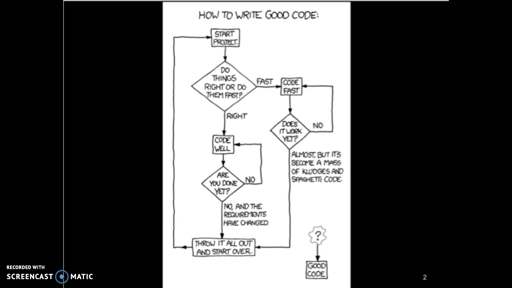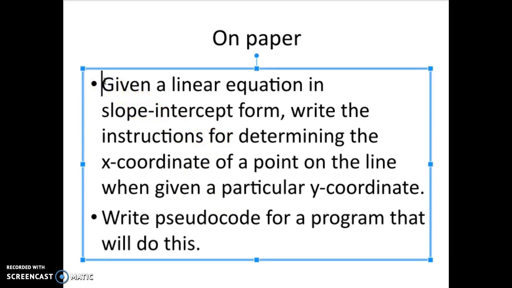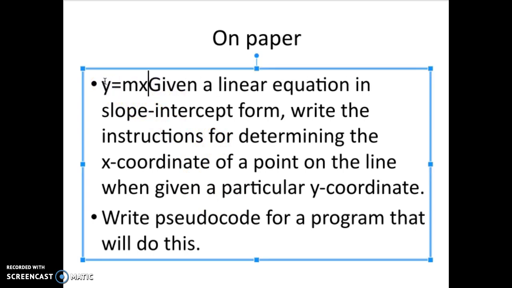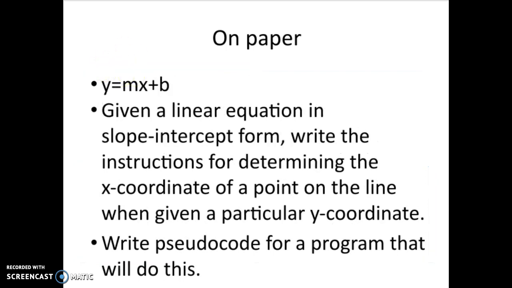So one example I use is doing a linear equation. So you have y equals mx plus b, and you're supposed to write pseudocode that will, given y equals mx plus b, give the x coordinate if you've been given a y coordinate, right?